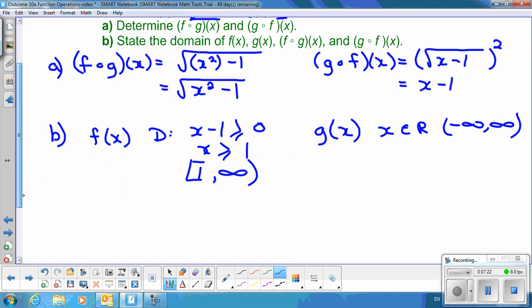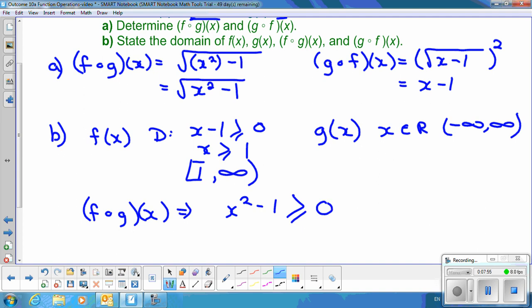Now, for our first composite function, f of g of x. What's underneath that root sign, again, has to be a positive value. So for the function f of g of x, we know that what's underneath that root sign, x squared minus 1, has to be greater than or equal to 0.